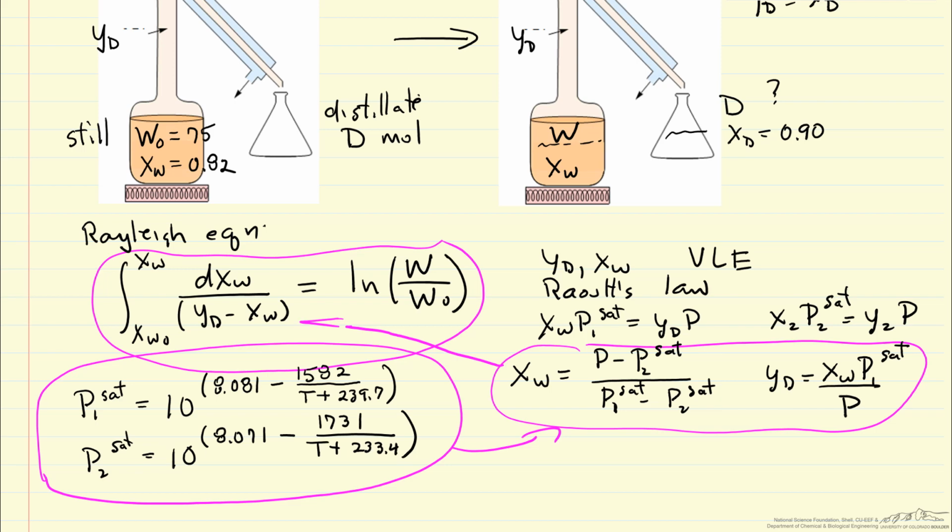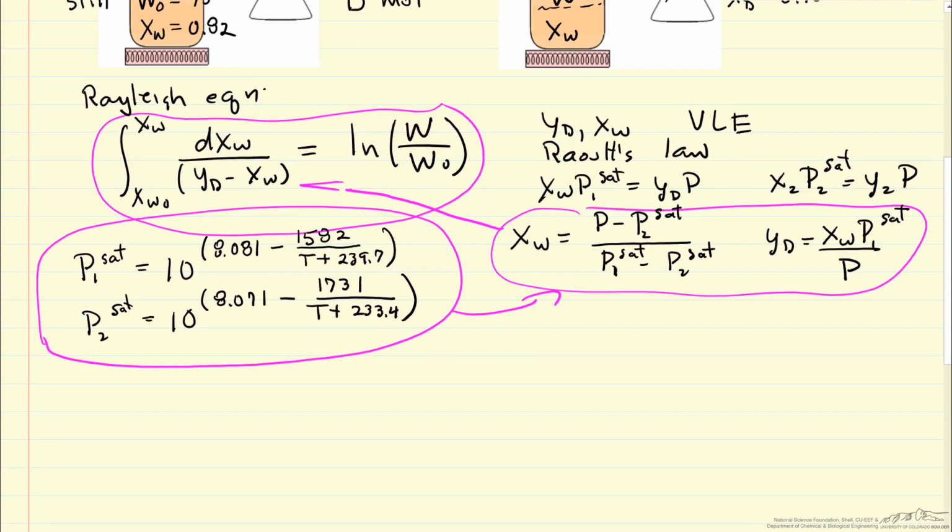And then once we have W, let's look at what else we need to calculate. We need to calculate the amount of distillate. Well, that's just how much we started with in the still minus how much is left. That's number of moles. The objective is to calculate the point where XD average, meaning all that we've collected rather than taking samples and then collecting more, all the distillate, we're aiming for that to be 0.90.